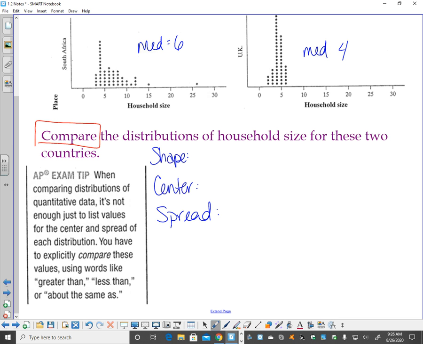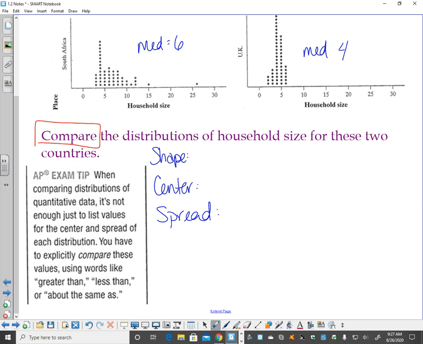The South Africa household size varies from 3 to 26, while the UK household size only varies from 3 to 6. Again, pause and write that down. I'm stating what it is, and I'm using words like much more widely spread because this is a huge difference, and I'm trying to get that across in my writing.